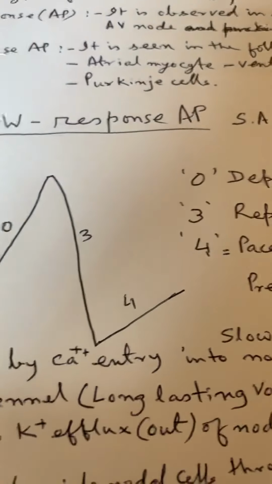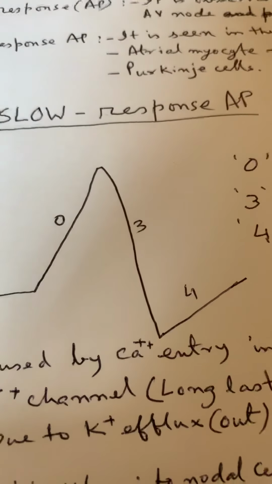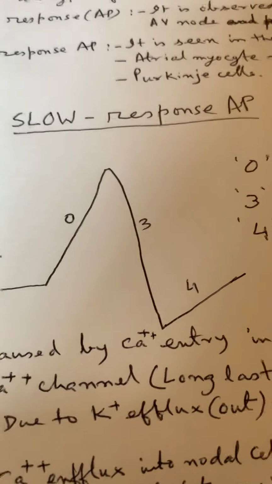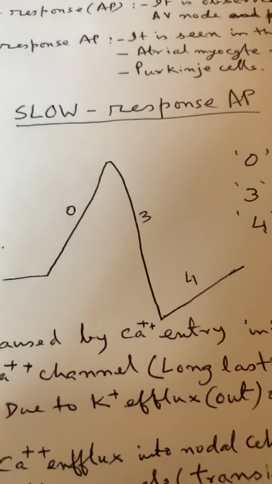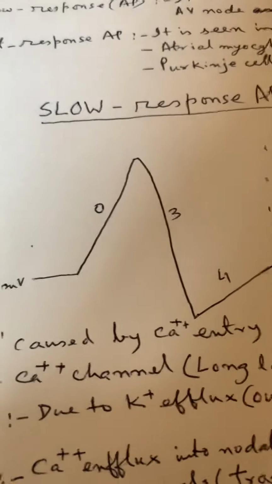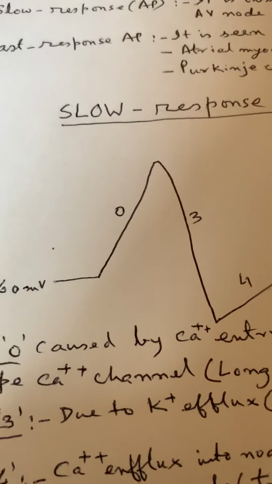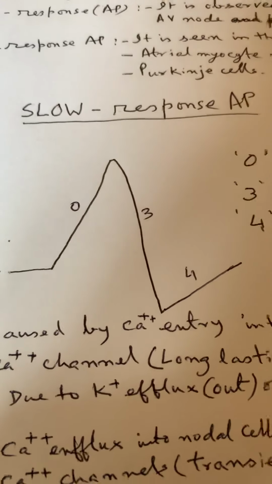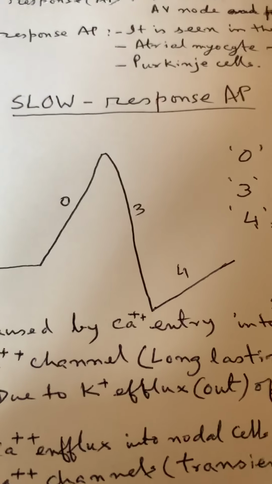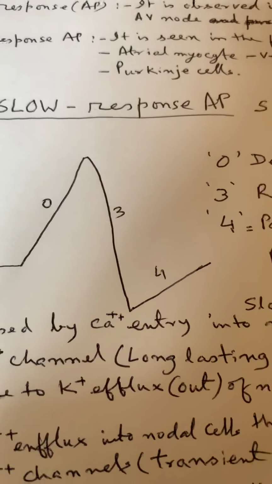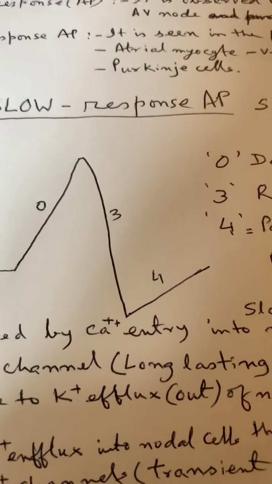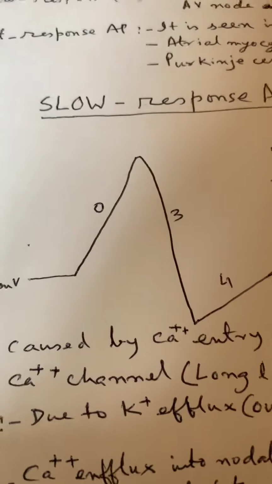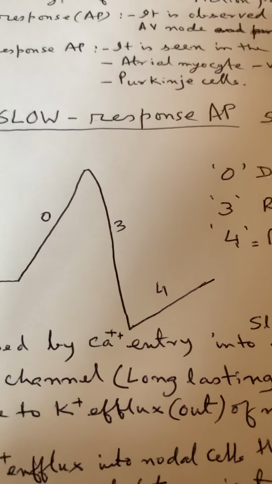Now let us see the speciality of this slow response action potential. If, for example, a muscle like the biceps is supplied by the musculocutaneous nerve, when you cut the nerve, the muscle is paralyzed. But if you denervate the heart, it does not stop beating; it goes on beating independent of nerve supply. Why is it so? It is because of phase 4.